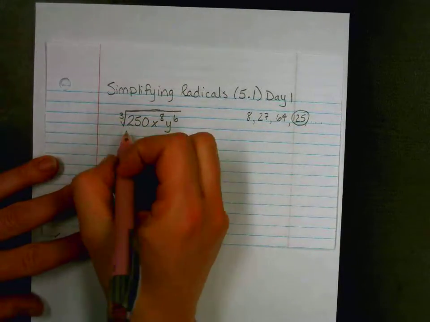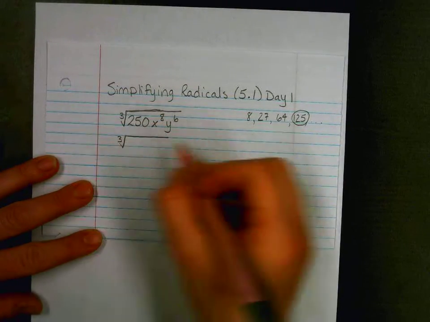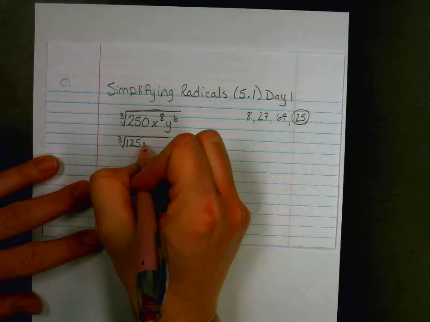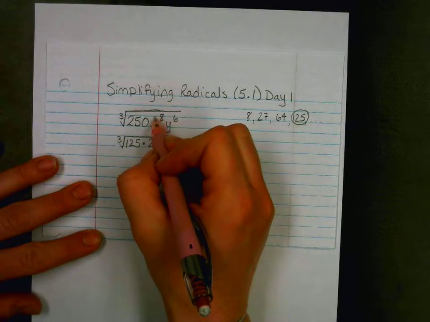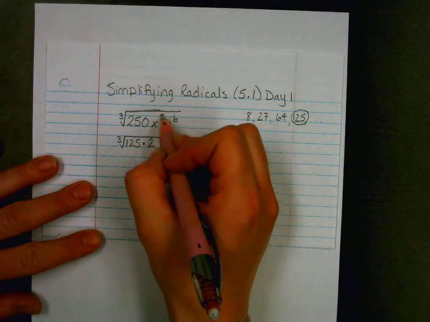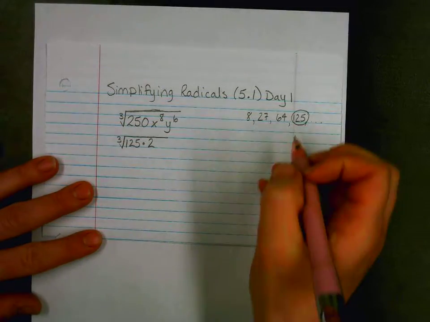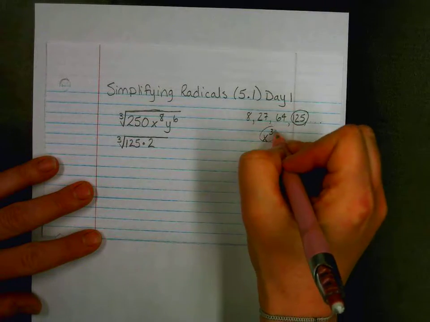So now I'm going to rewrite this as a product of two numbers, where one of my numbers is 125 times 2. I am now going to break down the x to the 8th by writing these as perfect cubes. So again, as a variable, my perfect cube would be x cubed.